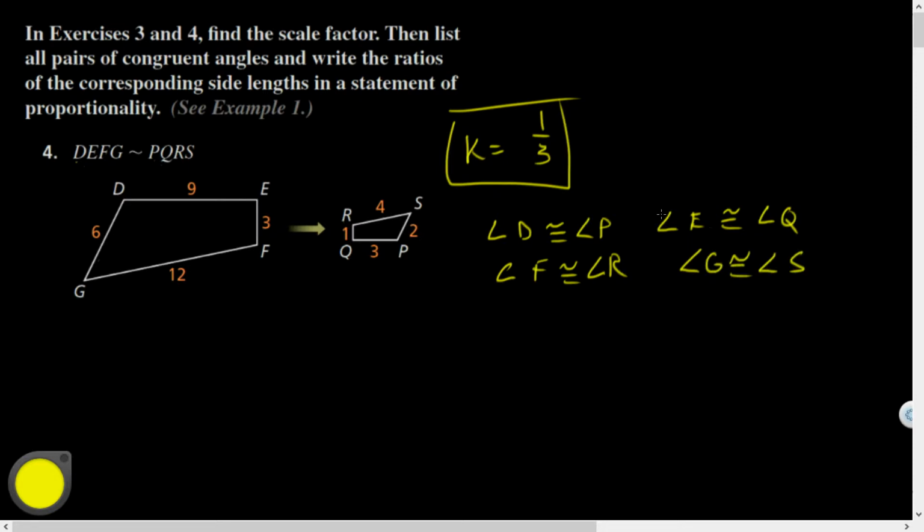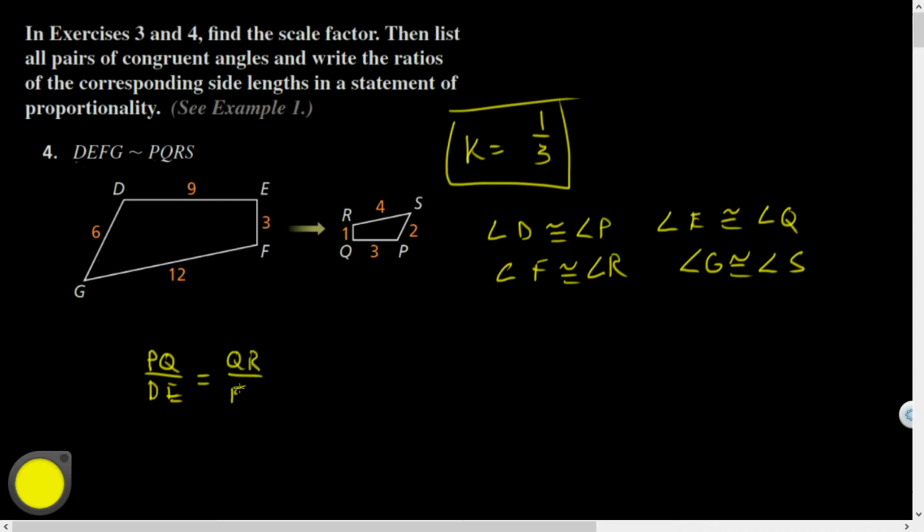So congruence is maintained for the angles, while the ratios of the corresponding sides, those ratios are consistent, although the sides themselves are not going to have equal measures. So if I wanted to use the naming conventions here, I could say, in the same ratio as the scale factor, new over old, that the ratio of PQ to DE, the first two letters, is going to equal QR to EF.